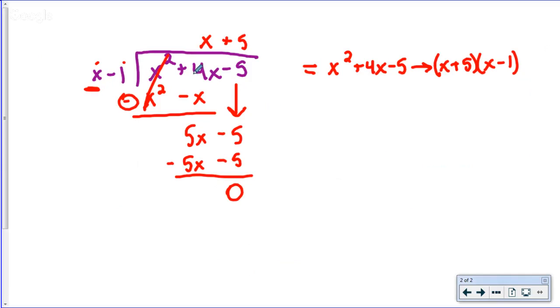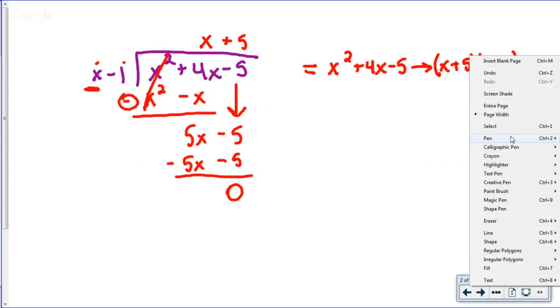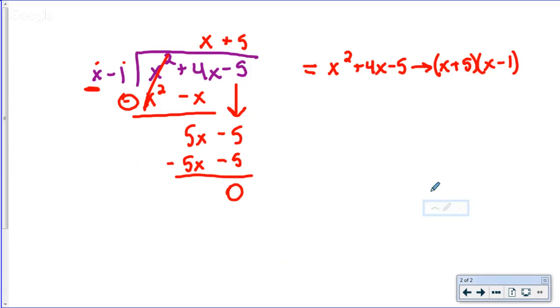So I'm going to use this same problem right here. With synthetic division, we're going to take only the coefficients of our polynomial. So we're going to say 1, 4, minus 5. And we're going to set up our division upside down.